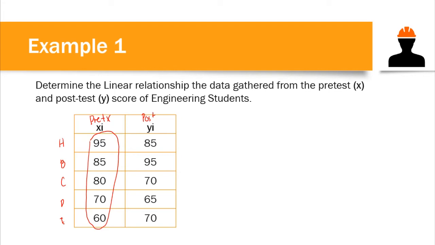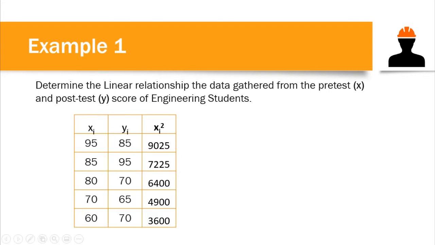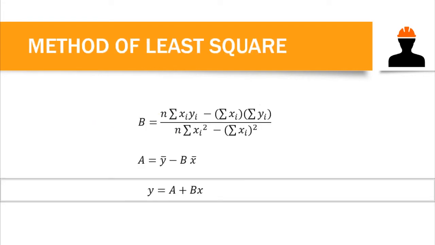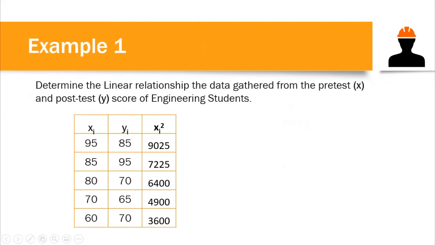The first thing we do here is use this formula to compute for the B. We should first compute the value of xi squared and the summation of their product. So we add another column here. This is the square of the x variable, their grade during the pretest.